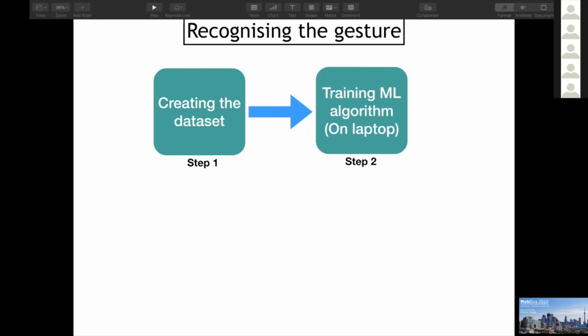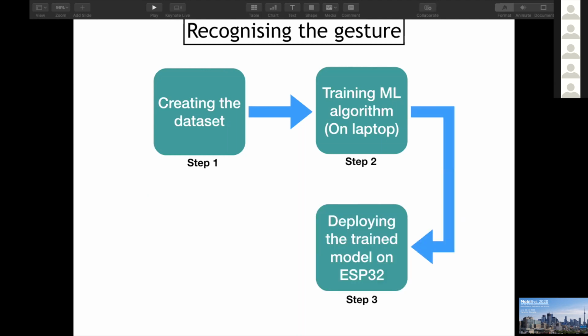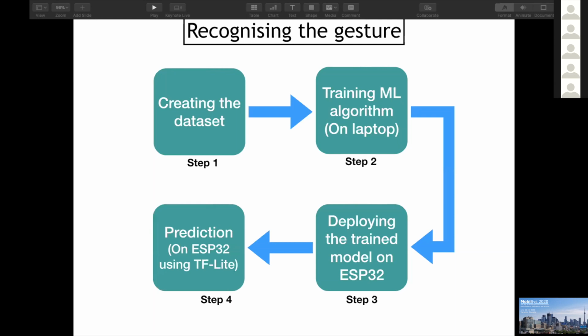Now what we did, we trained a support vector machine classifier on the laptop using TensorFlow, and then we deployed that trained model on the ESP32 using TensorFlow Lite, which is designed for these type of devices. And finally, we do the prediction on the ESP32 microcontroller itself using TF Lite.